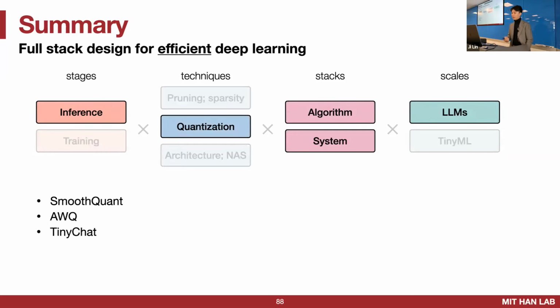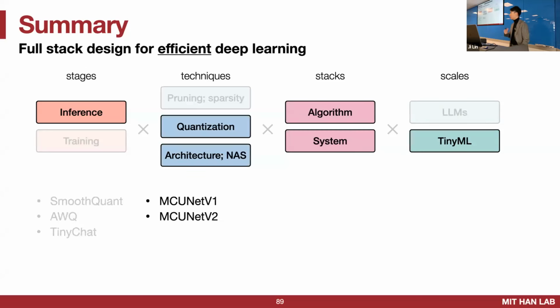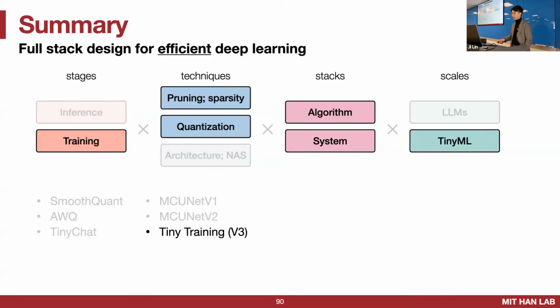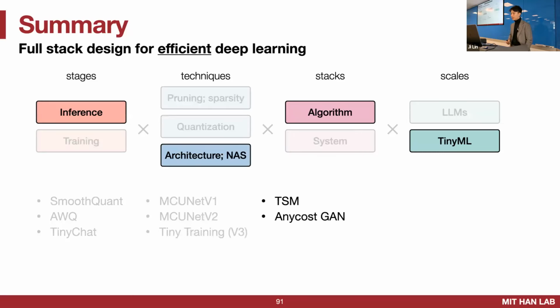For the work on large language models, it is mostly about inference with quantization and also co-designing the algorithm and system. For the TinyML inference work, it's mostly about quantization and architectural design, while for the TinyML training work, we introduce sparsity to improve the training efficiency. Finally, for domain-specific applications, we explore novel architectural designs that allow us to improve the efficiency of these specific applications.